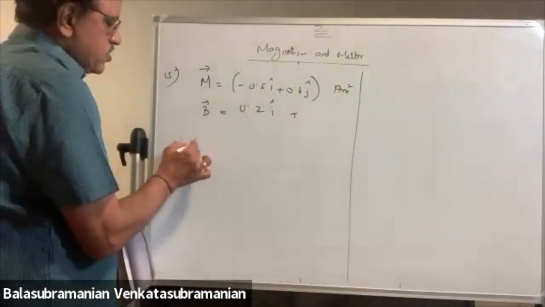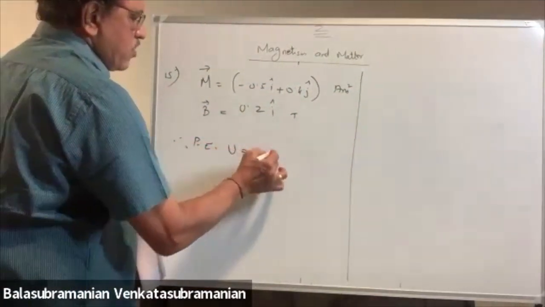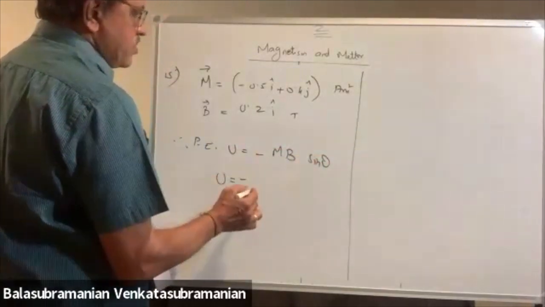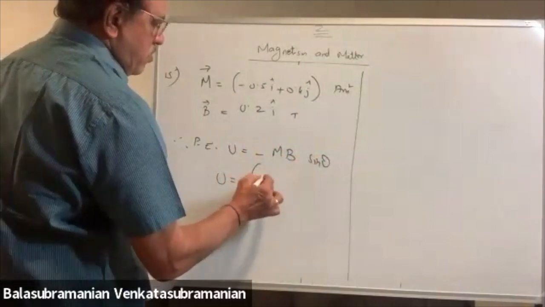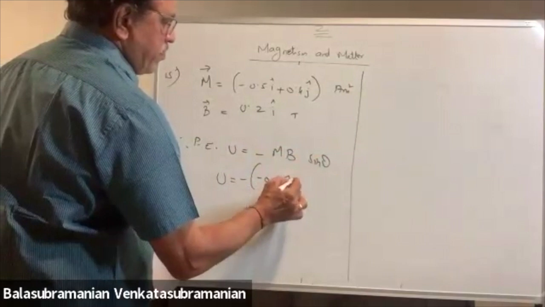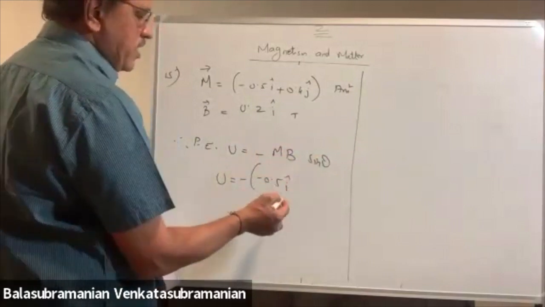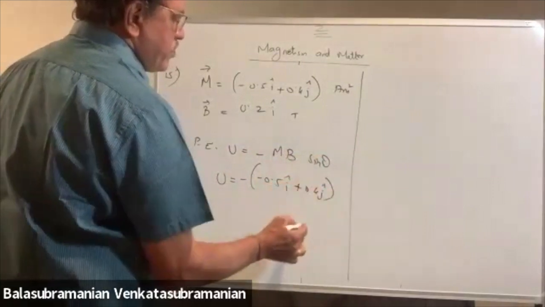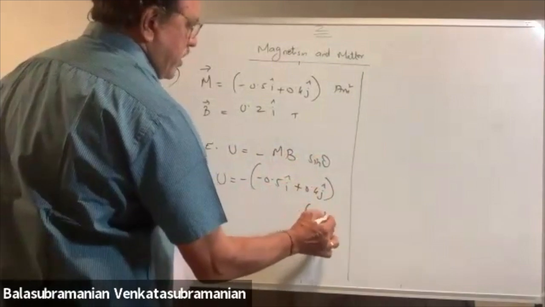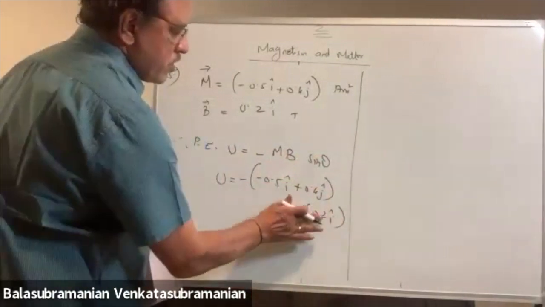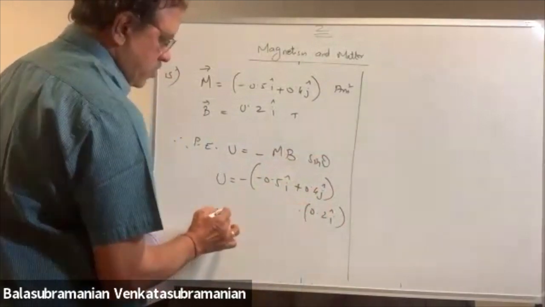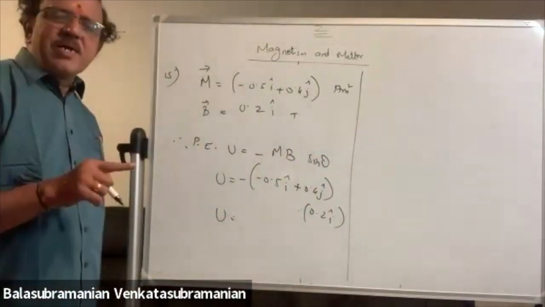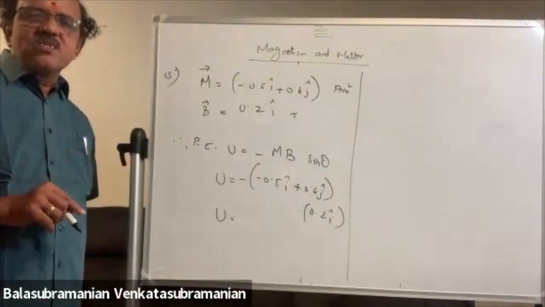Potential energy is U is equal to minus MB cos theta, that is minus M dot B. M is minus 0.5 I cap plus 0.4 J cap into 0.2 I cap. So M dot B is dot product means cos theta, cross product means sin theta.